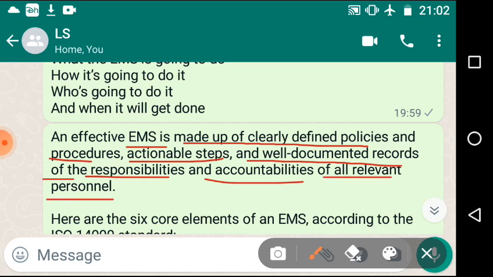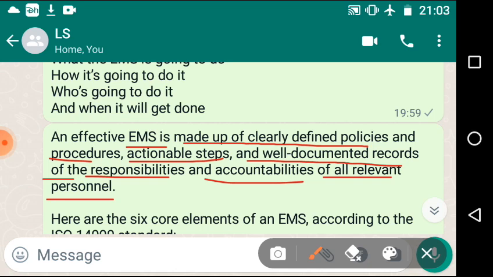So normally an environmental management system is made up of clearly defined policies, some rules that have been set up, and some procedures. Not only that, some actionable steps have been mentioned, and well documented records of the responsibilities and accountabilities of all relevant personnel.